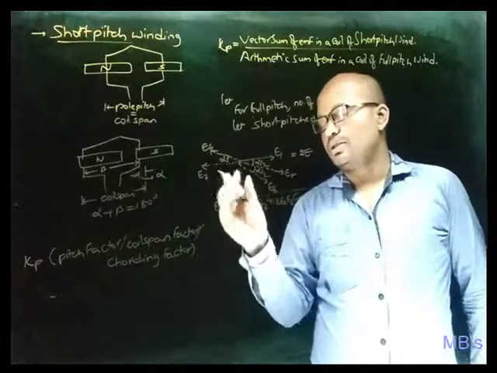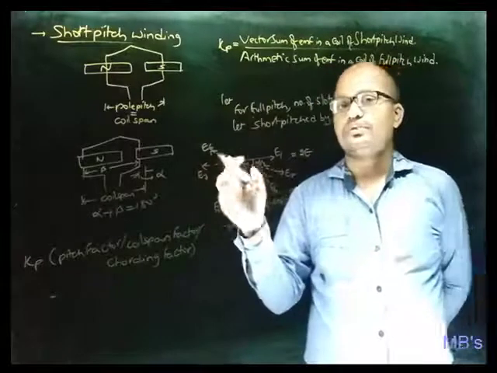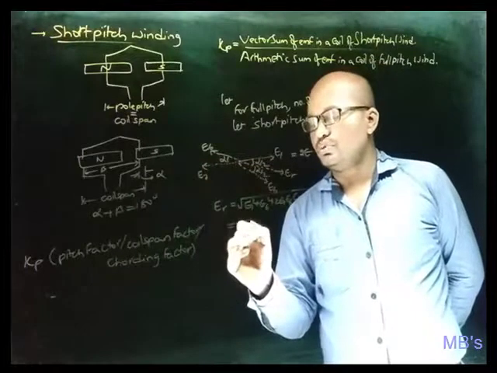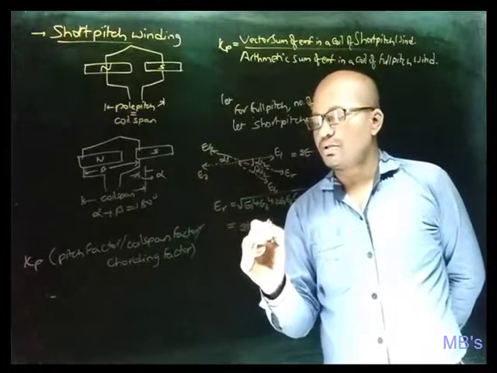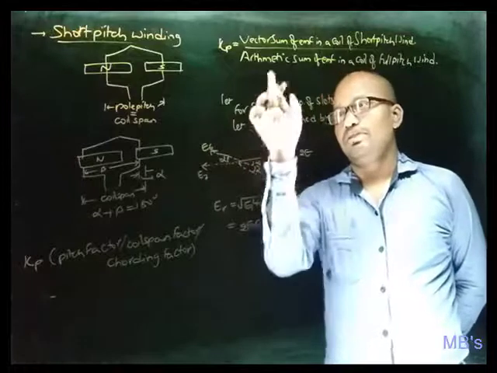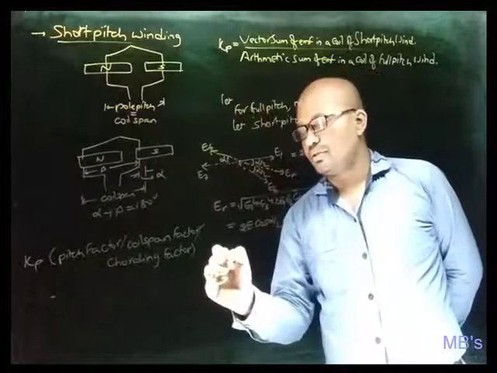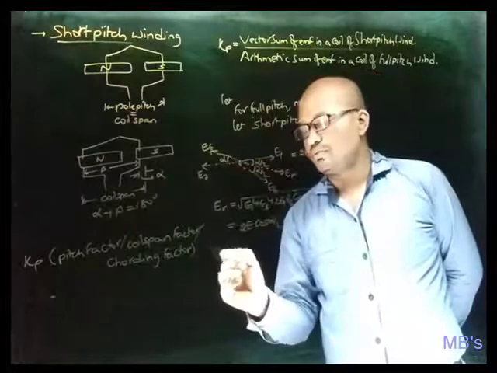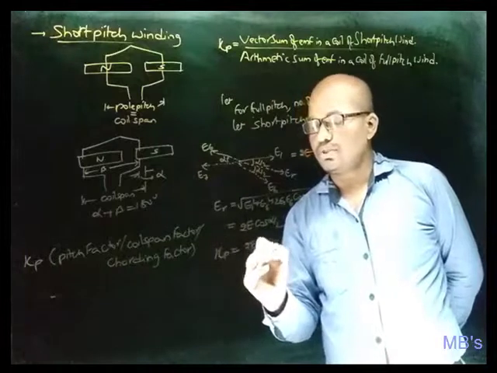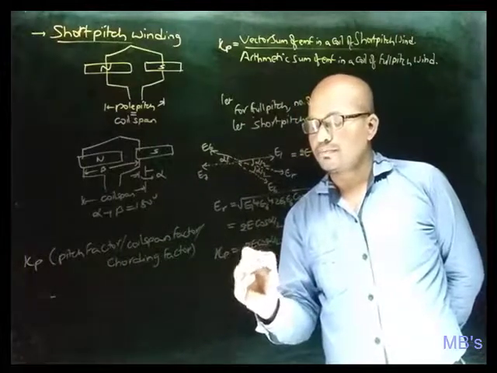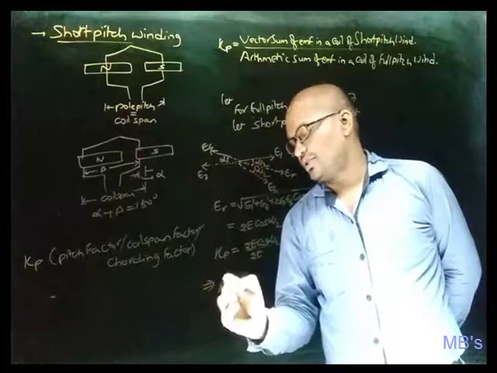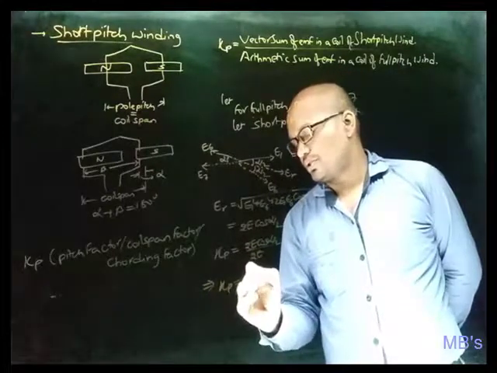Taking the same value of EMF in all the conductors, the resultant will become 2E cos alpha by 2. So now, according to the pitch factor definition, pitch factor Kp is equal to 2E cos alpha by 2 divided by 2E. That implies the pitch factor Kp is equal to cos alpha by 2.